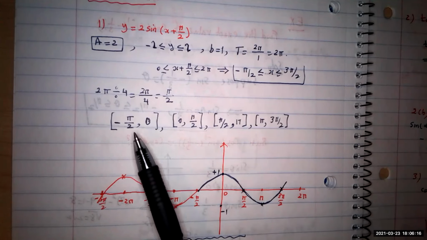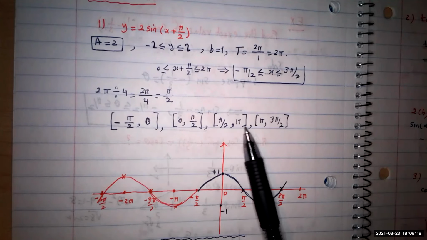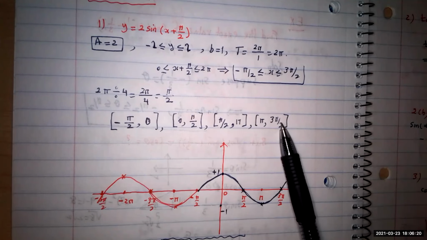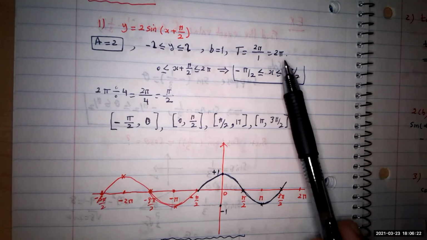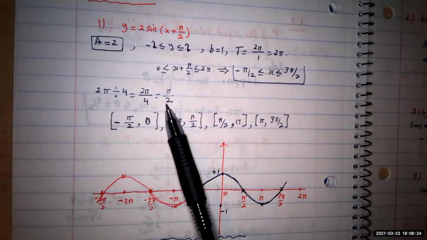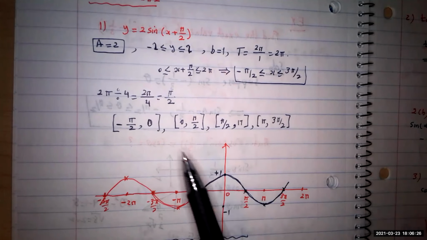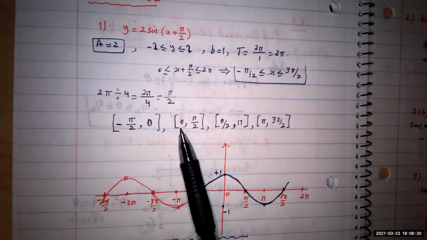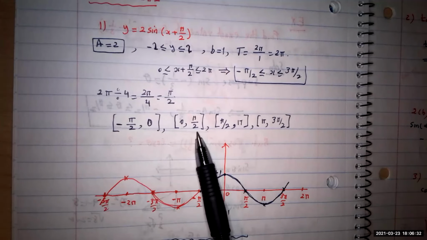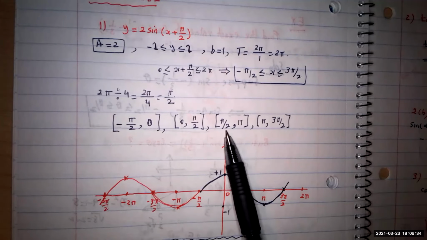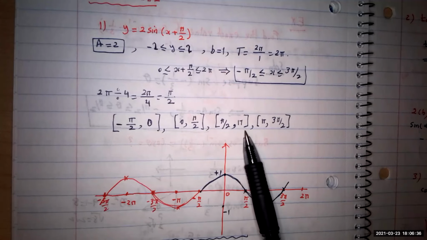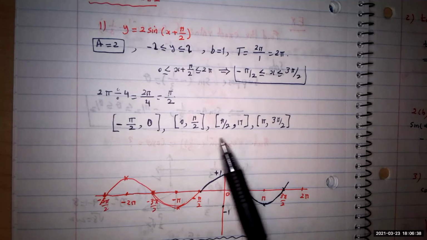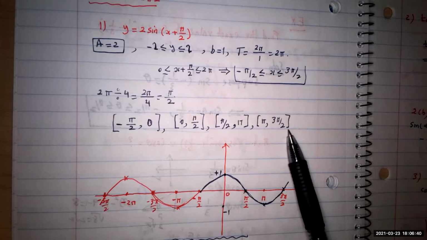So that will make the 4 famous intervals that we talked about. You divide your 2 pi by 4, that gives you pi half. Then you start with negative pi half and add pi half, that gives you 0. You start with 0, add pi half, that gives the second point, pi half. You start with pi half, add pi half, you get pi. And you start with pi and add pi half, that gives you 3 pi half.